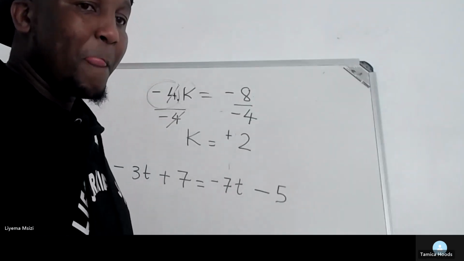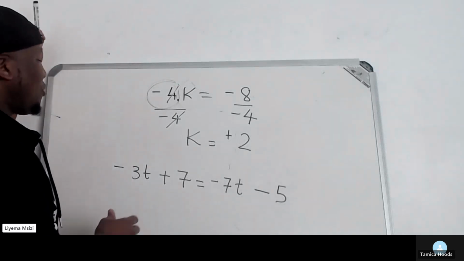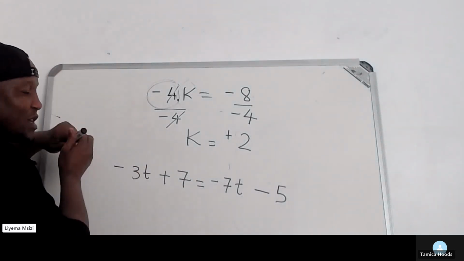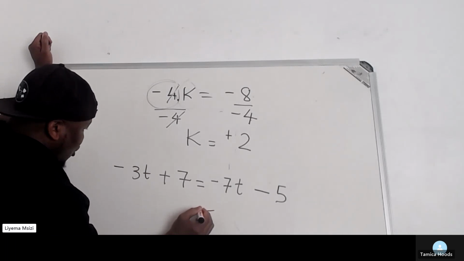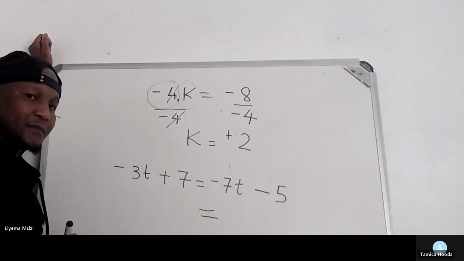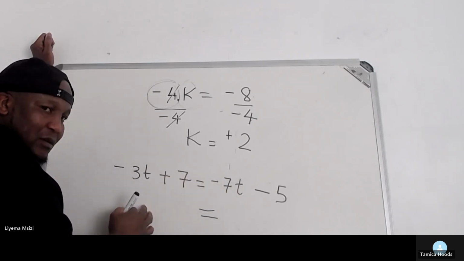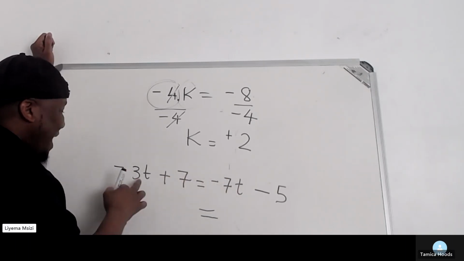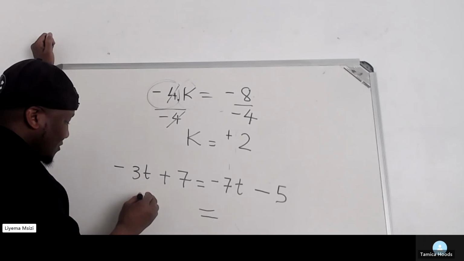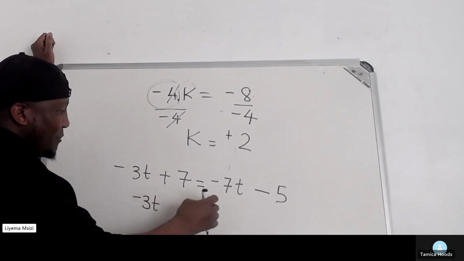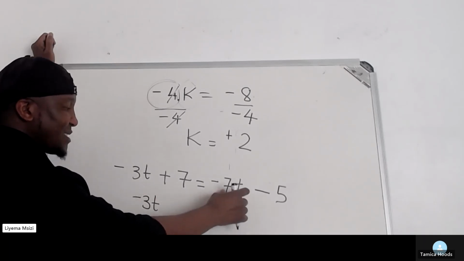So let me put my t on the left. This is my equal sign. On the left-hand side, I'm going to put all my t. We have a negative 3t here on the left. So I'm going to take this 7t, since it has a t.